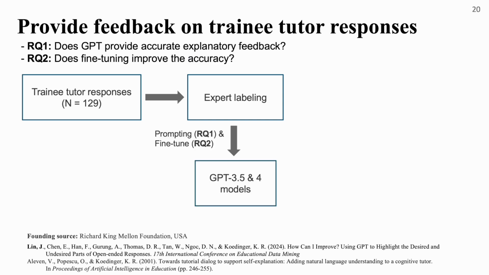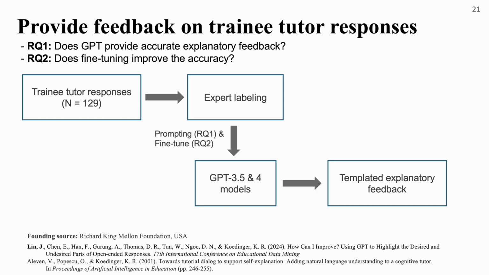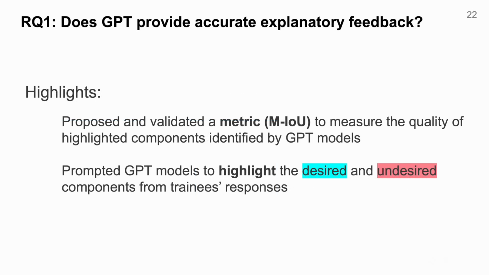To answer research questions 1 and 2, we further prompted and fine-tuned GPT models, like the 3.5 and 4 models, to provide explanatory feedback for tutor training. For research question 1, here are the highlight results. We proposed and validated a novel metric called modified intersection over union, or M-IoU score, to measure the quality of the highlighted components identified by the GPT models.